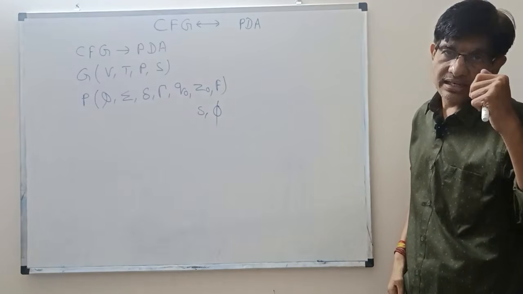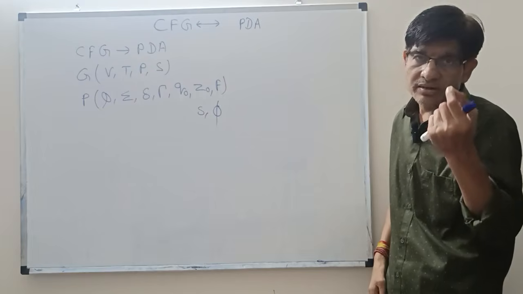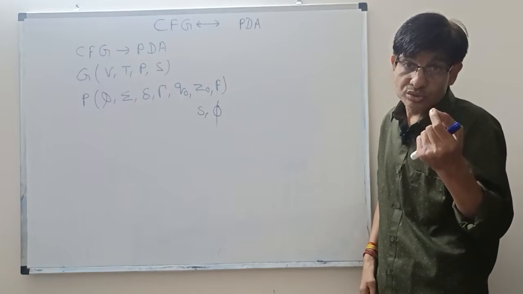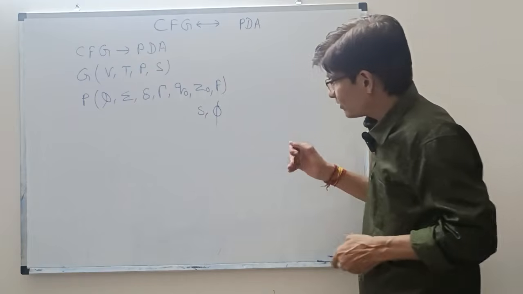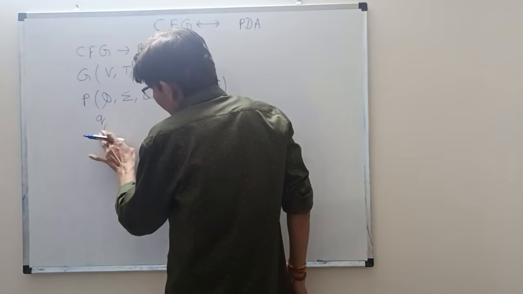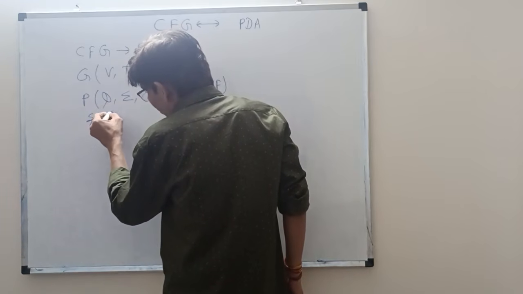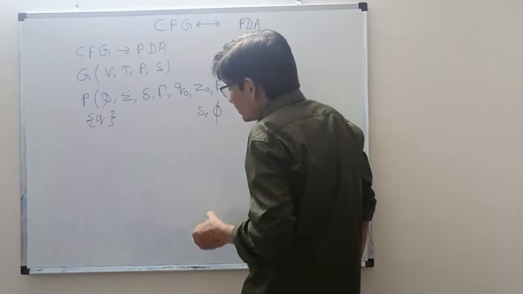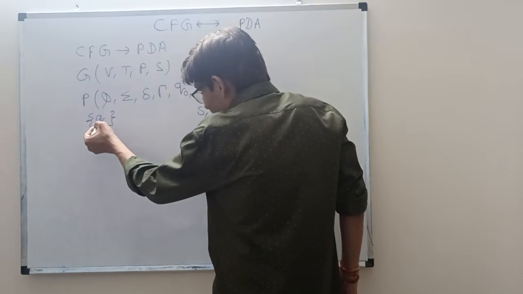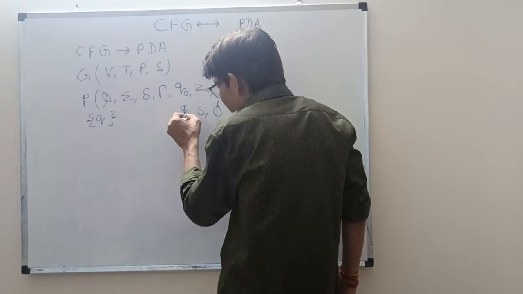When we are converting any grammar into PDA, we can use only one state. We need to use only one state, which we will call Q. So this capital Q would have only one state, which is Q, and as it has only one state, the initial state would be Q only.